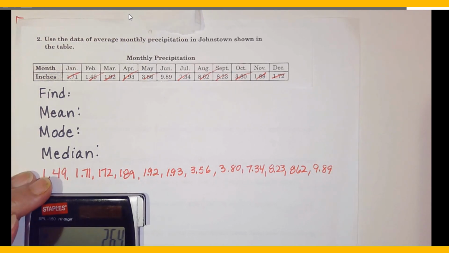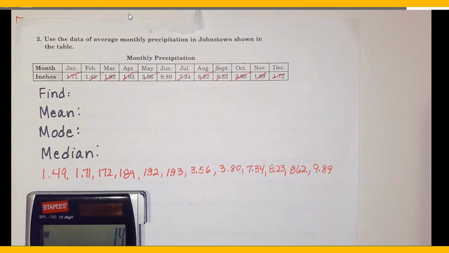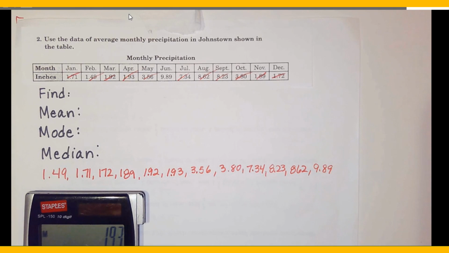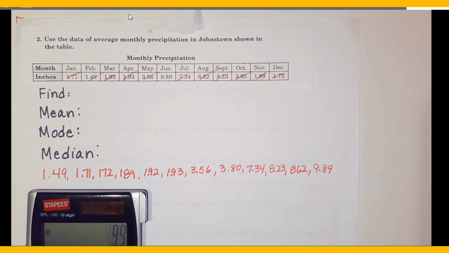We're going to add those up now. 1.49 plus 1.71 plus 1.72 plus 1.89 plus 1.92 plus 1.93 plus 3.56 plus 3.80 plus 7.34 plus 8.23 plus 8.62 plus 9.89.